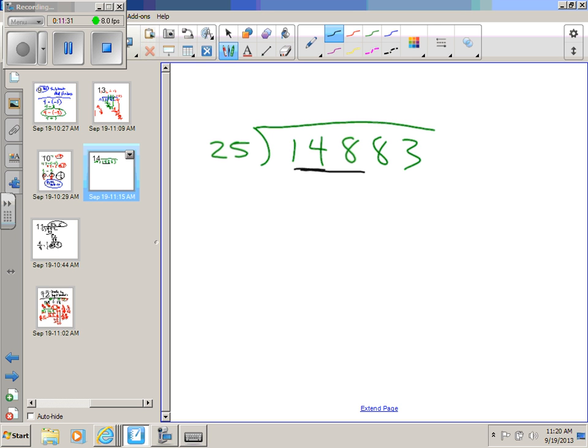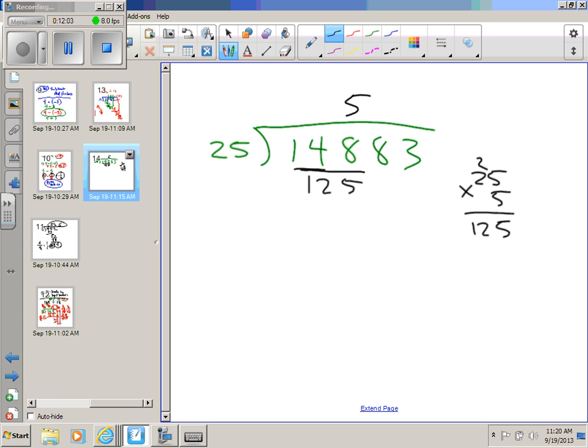How many times can I get 25 into 148 without going over 148, right? 5 times, very good. And that will give us 125. 6 times gives us how many? 150, so just a little bit too big. So I'm going to go ahead and put that 5 over the 8 in 148.